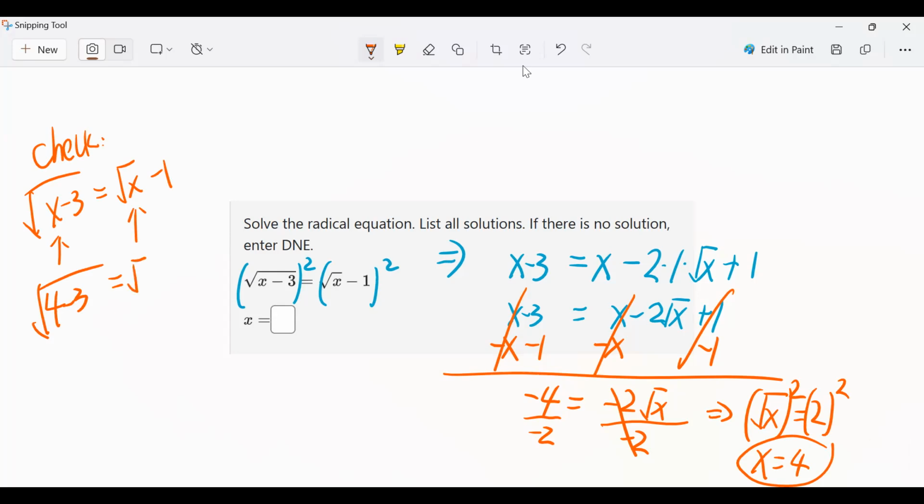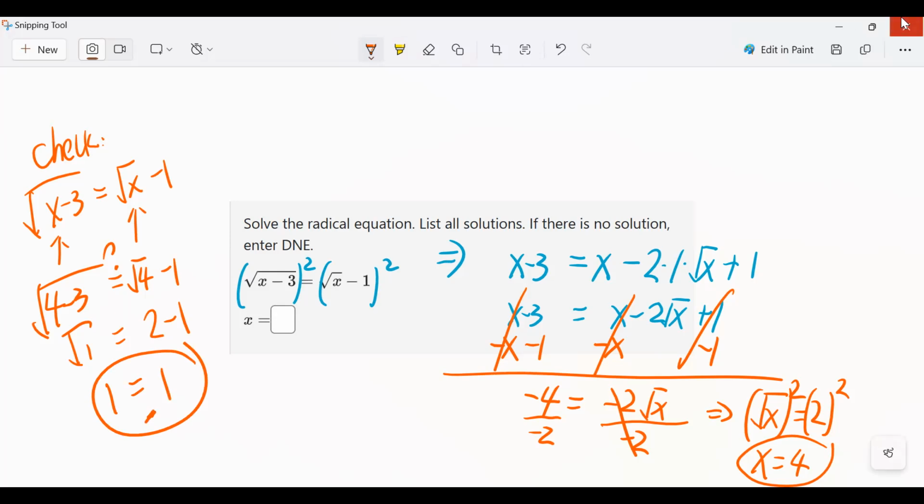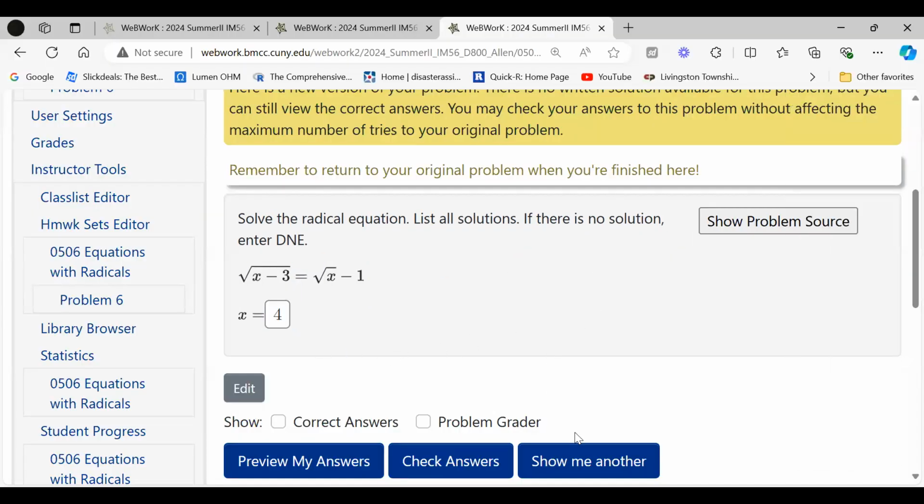And then square root of 4 minus 1. We don't know yet, question mark. Radical 1 equals 2 minus 1. 1 equals 1. This is definitely a valid equation, so that means our solution is perfect. x equal to 4, and that's the only solution here.